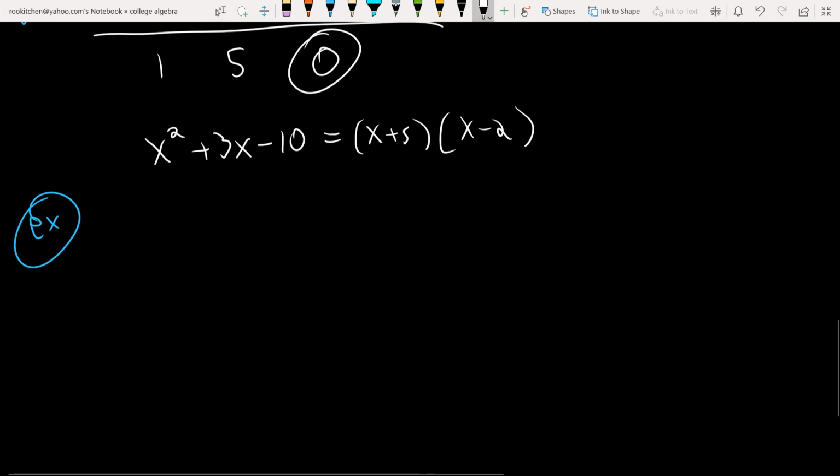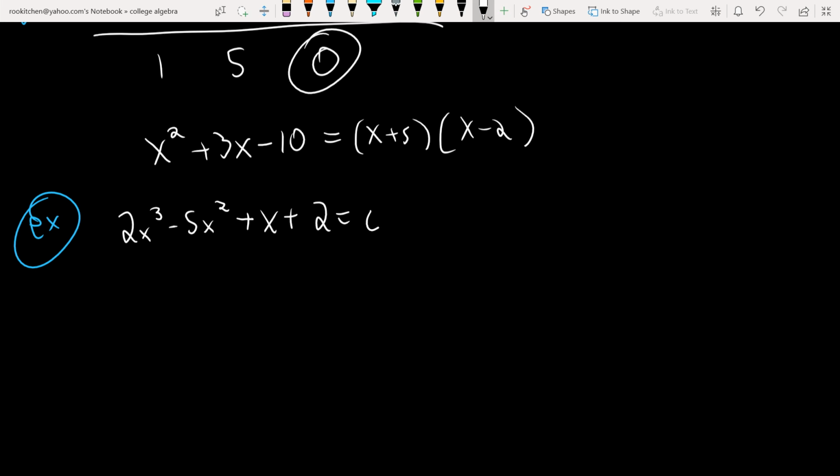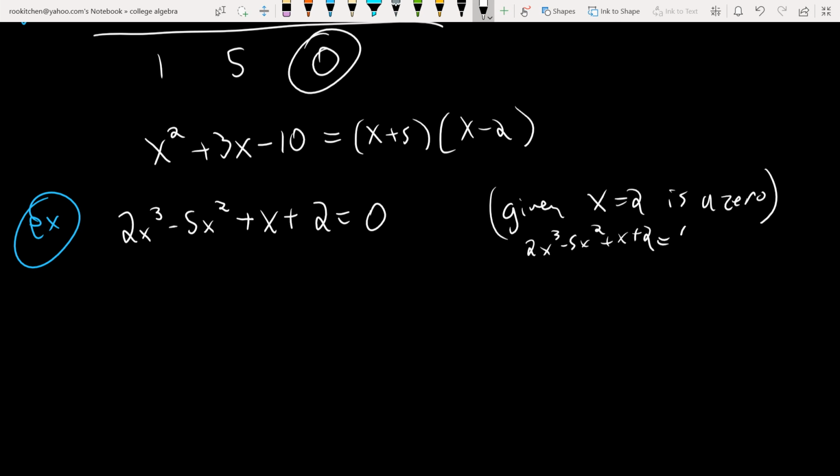Here we go. So we have 2x cubed minus 5x squared plus x plus 2 equals 0. I want to solve this given that somebody figured out x equals 2 is a 0. So in other words, when you factor that polynomial, this 2x cubed minus 5x squared plus x plus 2, it's going to equal x minus 2 times something.